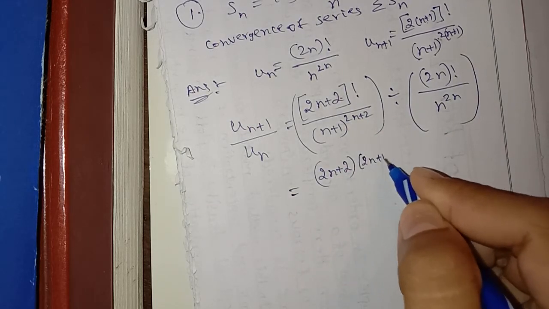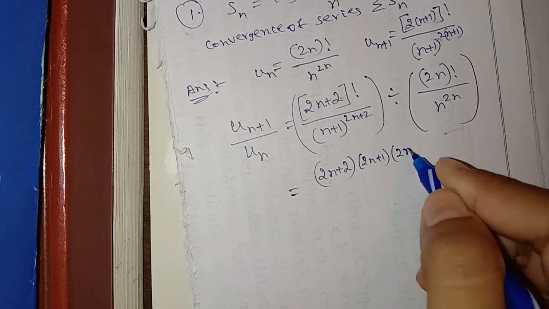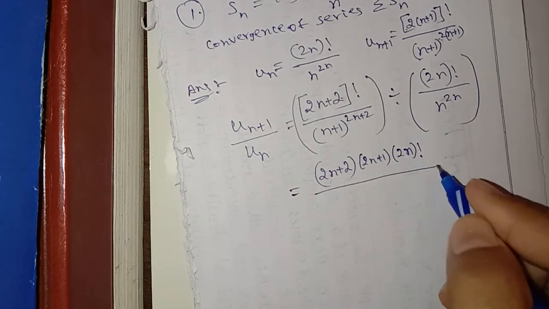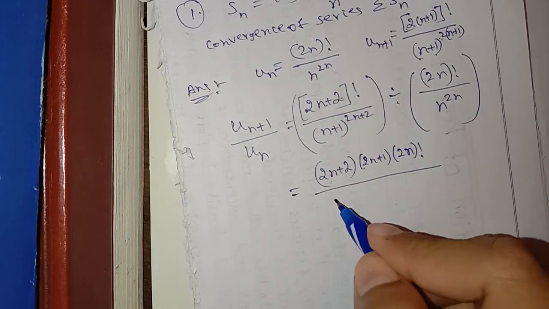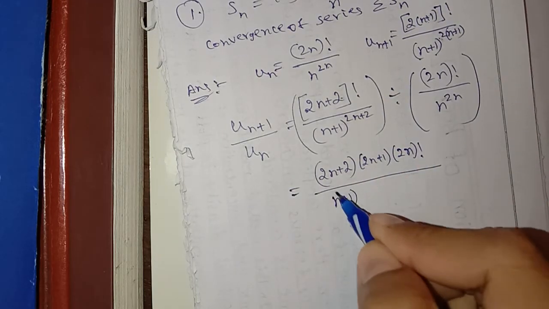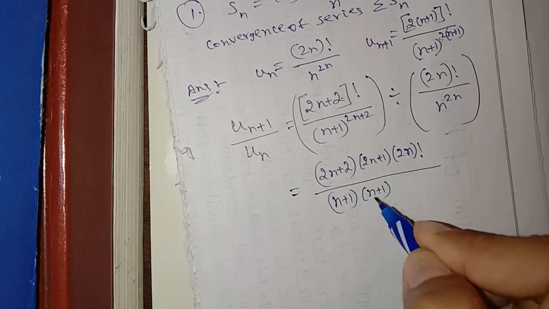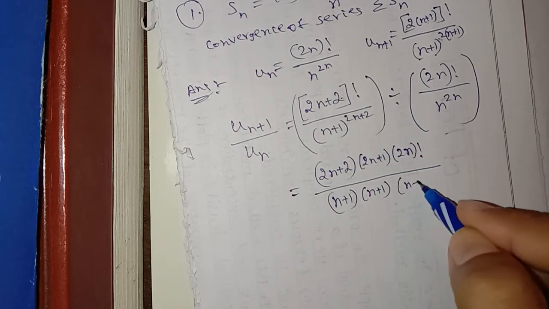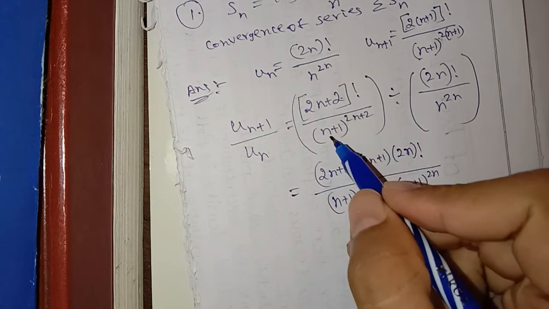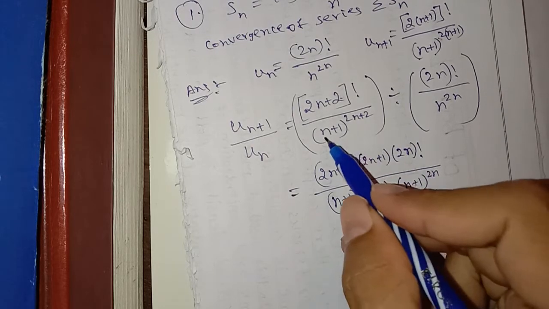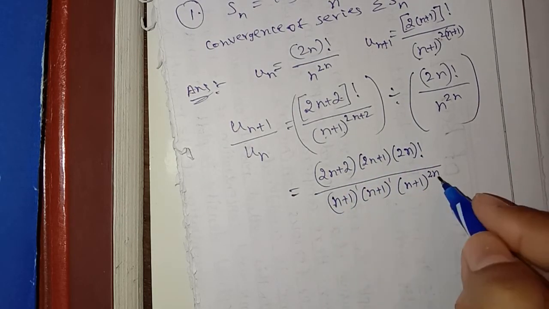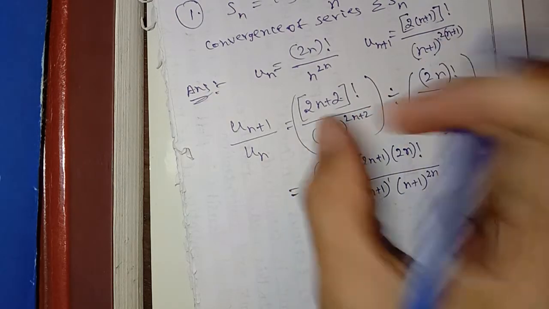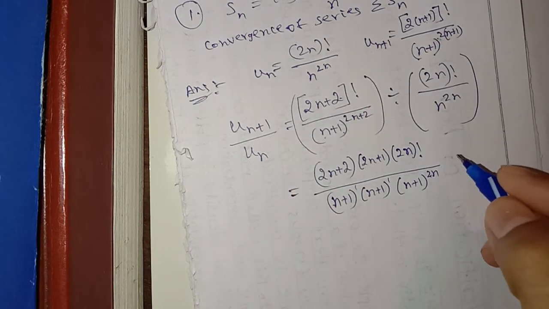And (n+1)^(2n+2) we can write as (n+1) into (n+1) into (n+1)^(2n).